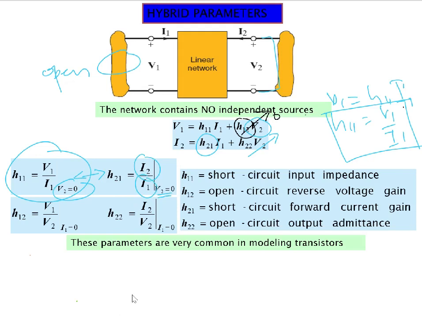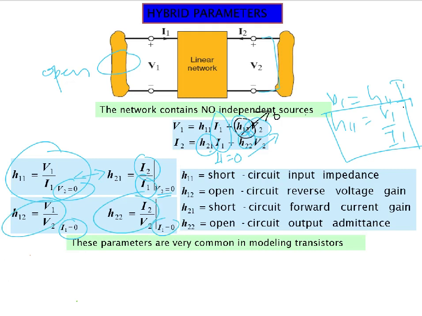Similarly, if we make I1 0, that would give V1 divided by V2 and I2 divided by V2, that is 1 by 2 and 2 by 2. So if we make I1 equal to 0, we can find these things as well.